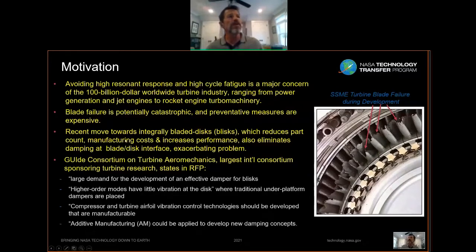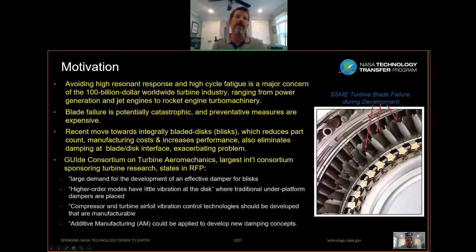Now there's been a move towards integrally bladed discs, which are called blisks. This reduces the part count, it reduces the manufacturing costs, and it actually even increases performance. But one problem is that there's no interface between the turbine blades and the disc anymore.